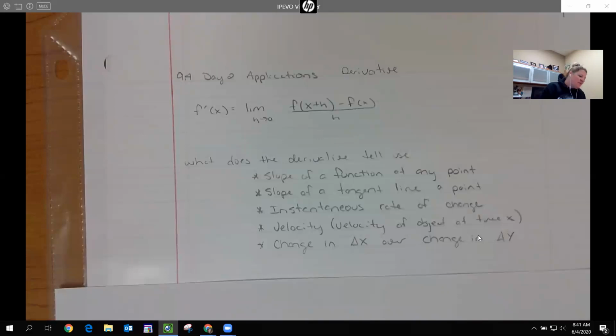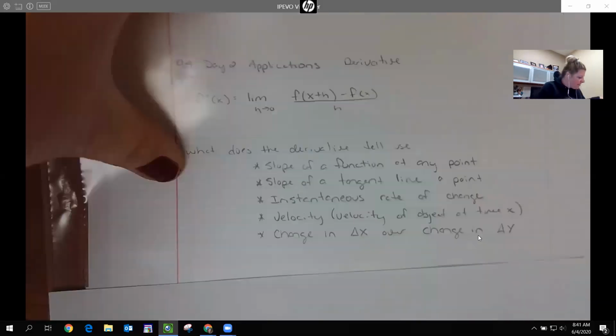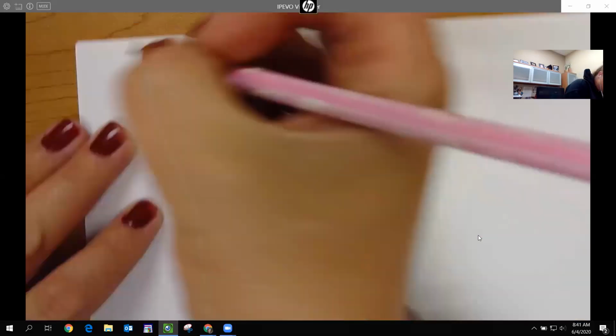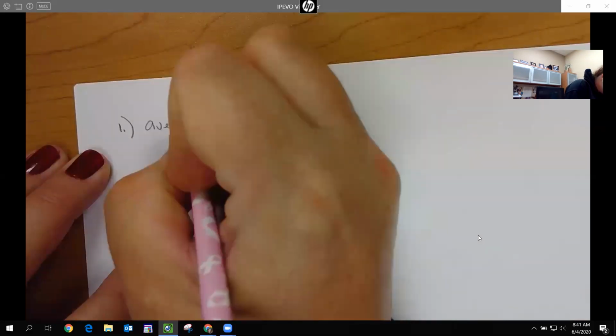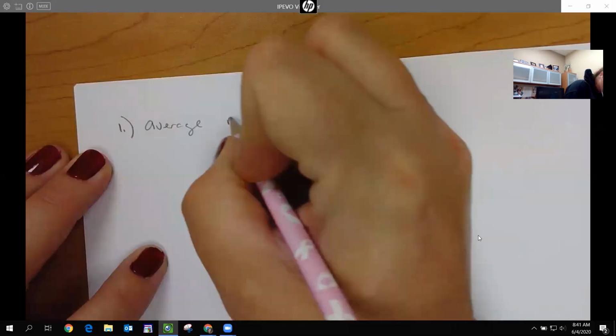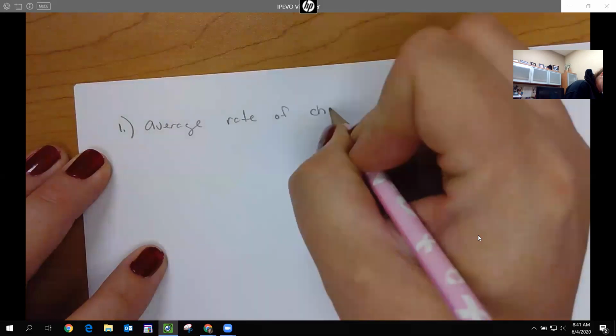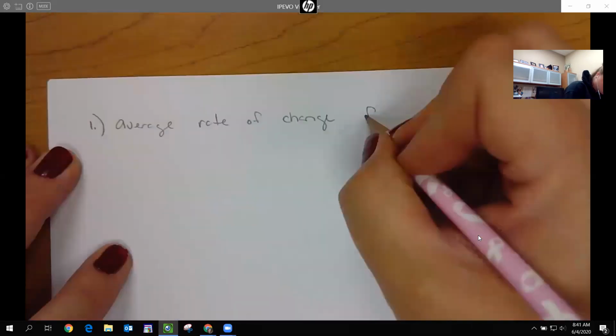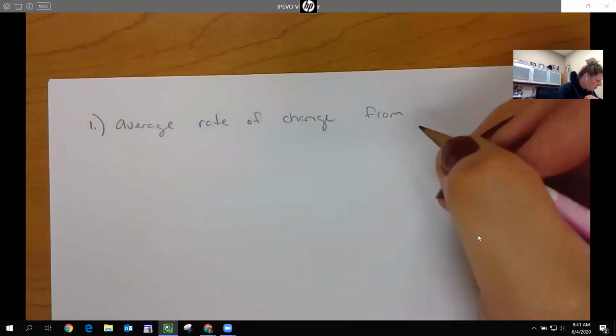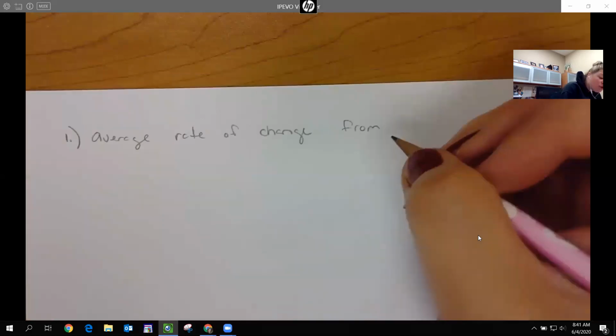Okay, so let's look at our first example here. This first one is our average rate of change, and we want to go from 2 to 4.